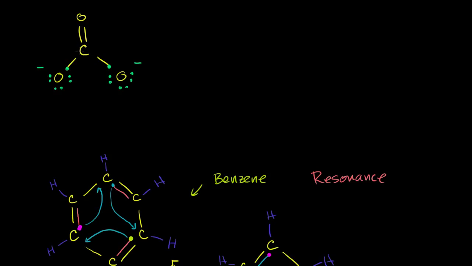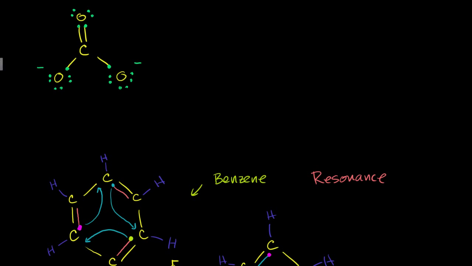And if you were to just look at this, I guess you could call it this resonance structure or this contributing structure, you'd say, hey, maybe this oxygen here is neutral, so it has 6 valence electrons. 1, 2, 3, 4, 5, 6. Maybe, just maybe, one of these electrons can be given to the carbon, and then the carbon would lose an electron to this guy on top.